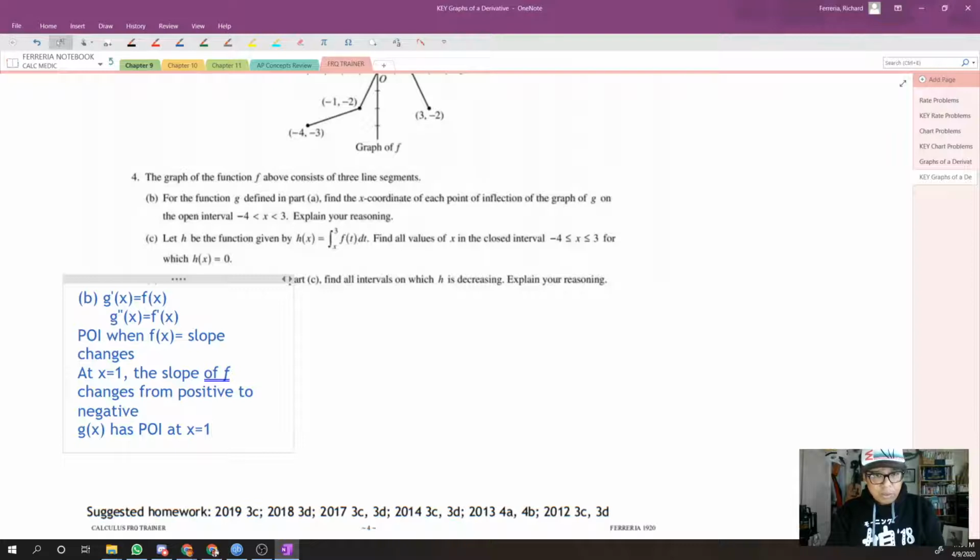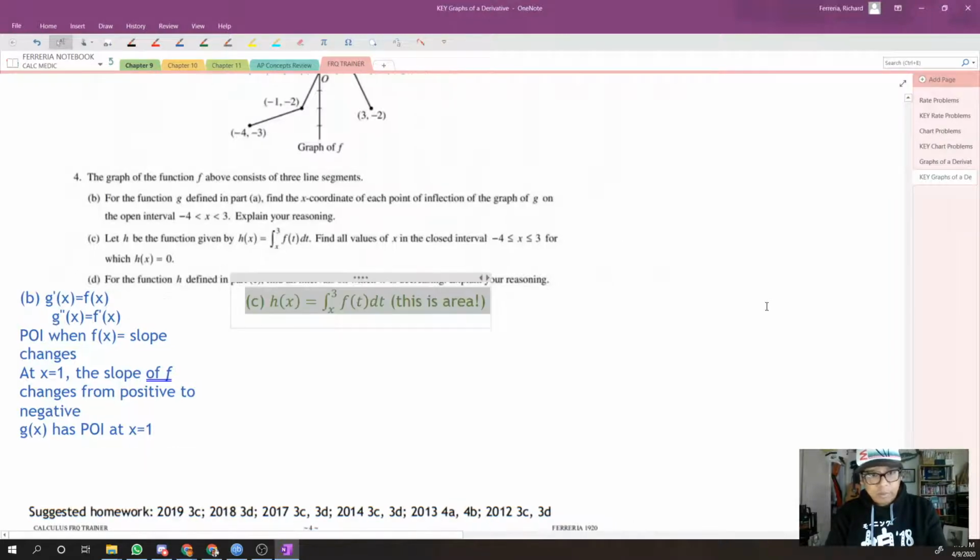Let's see. So find all the values in the closed interval from -4 to 3 for which h is equal to 0. Okay, when is h going to be equal to 0? Well, maybe the first thing we should think about is h is equal to that integral from x to 3, and that's just the area between some point x and 3.